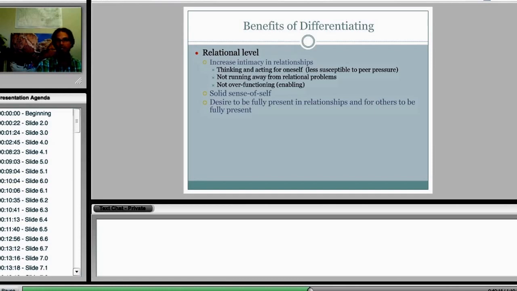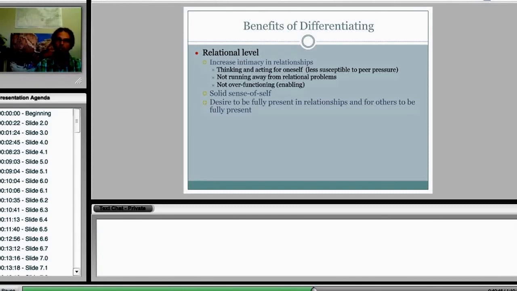So there's a level of connection that's not there when people act out of autonomy, where it's all about me, do what I want to do, or else I won't like you, or out of the dependent side, which is whatever you want, that's fine, just as long as you're happy, that's great. That's not a true relationship for intimacy, because they're not really present. Neither of those two is present in a way that fosters connection.